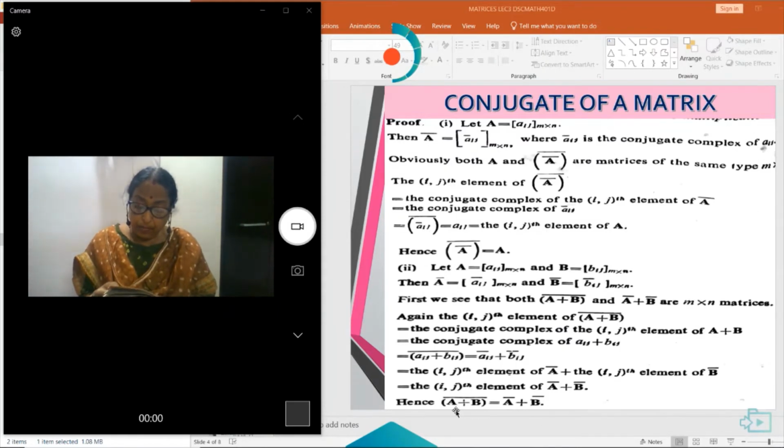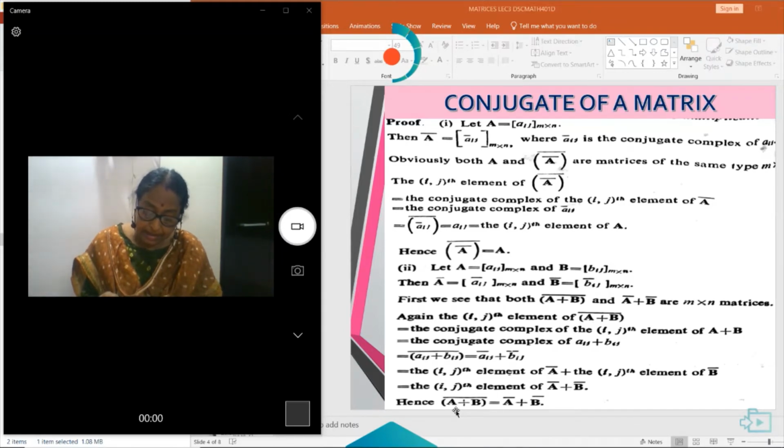Now the proof. Let A is equal to [aij], an m cross n matrix, then A bar is equal to [aij bar] of the same size, that is m cross n, where aij bar is the conjugate complex of aij. Obviously, both A and A bar are of the same type m cross n.